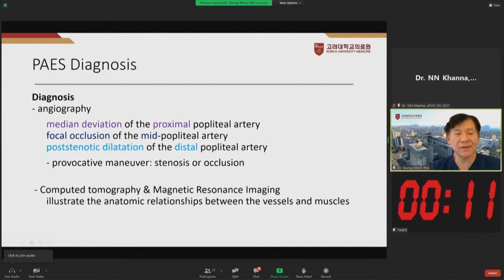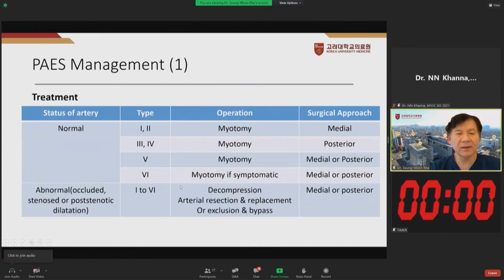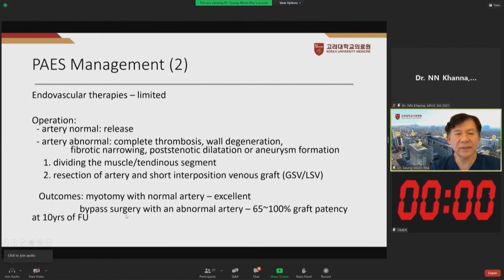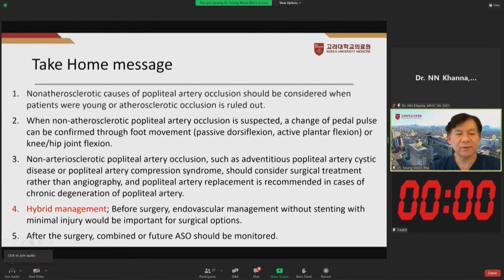After this kind of physical maneuver, you have to check the CT cross-section image and the MRI findings, then identify the external compression, then decide on surgery. Before or after the operation, in many cases we need hybrid management, because this particular case also needed endovascular management before being sent to surgery.